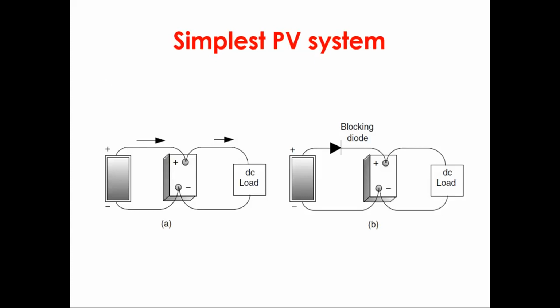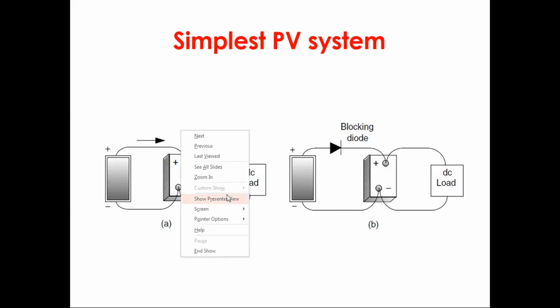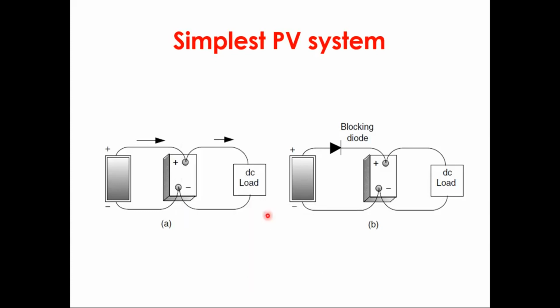So this is an example of the simplest PV system. Over here, PV is connected with the DC load through some terminal. If it is connected with the DC load, then the load will operate with the change in radiation.